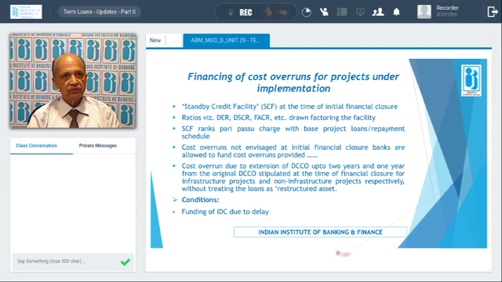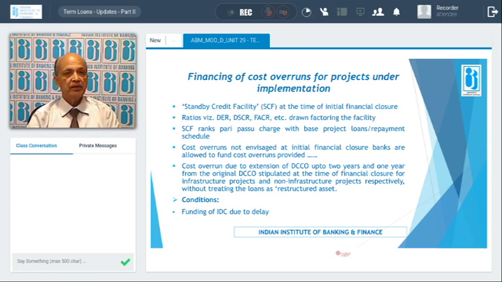Banks are permitted to finance a cost overrun subject to certain conditions. Banks can consider it if it is already envisaged prior to the financial closure. If the cost overrun is already envisaged in the project itself, it can be financed by the banks by a standby credit facility, SCF.